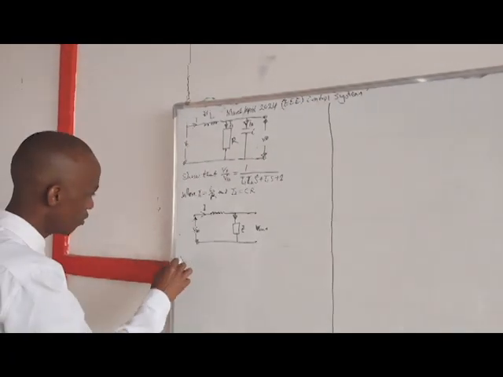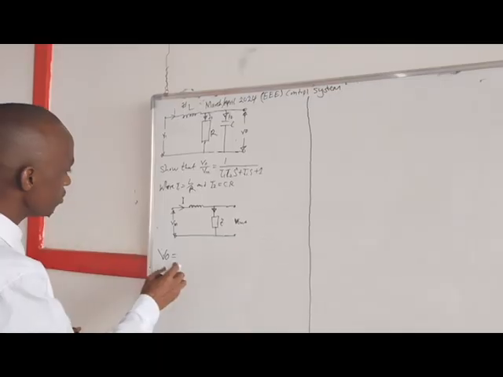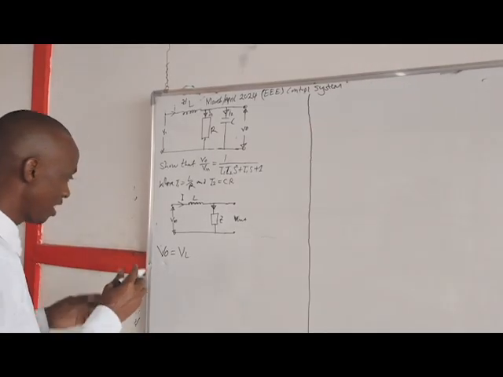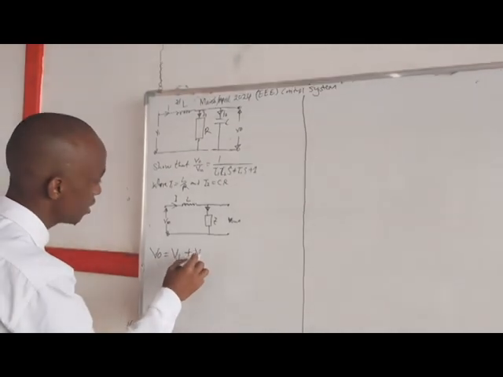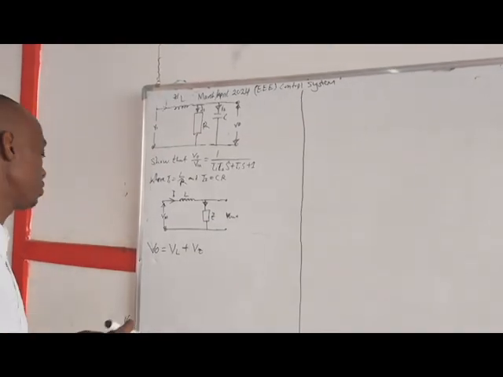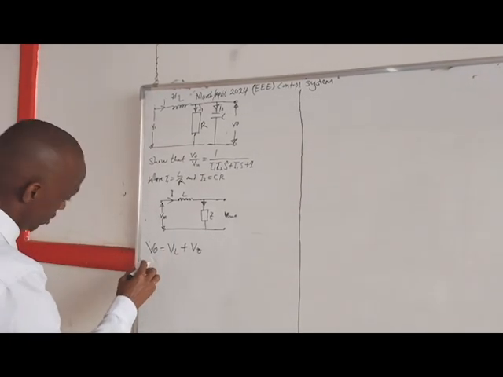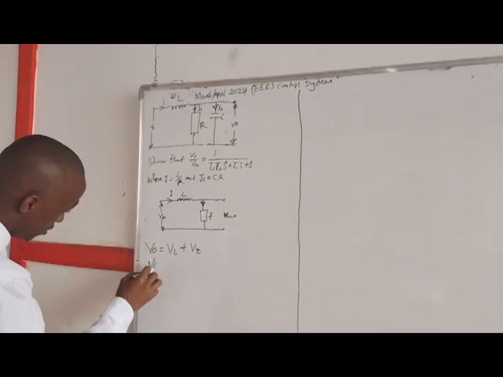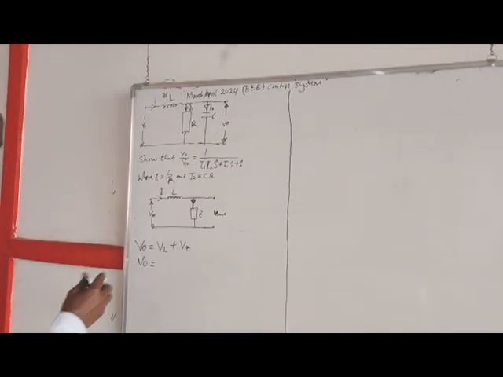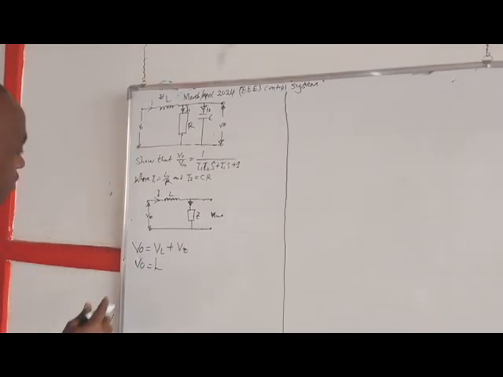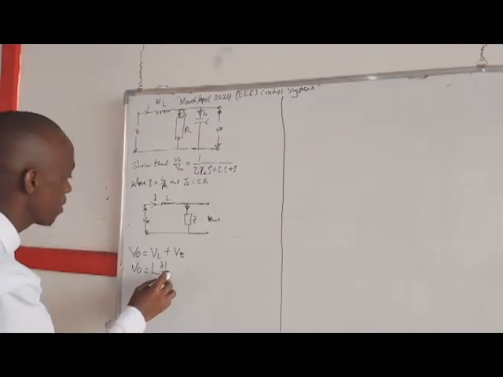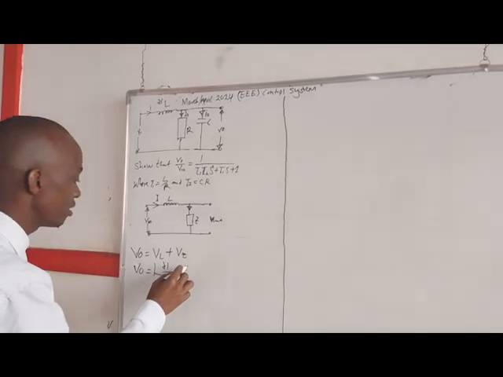Now, first to get VO, we have to combine VL, which is the voltage through L, plus VZ, which is the voltage through the parallel parameters R and C. VO is given by VL, the voltage through L, which is the inductance times the change in current divided by the change in time, plus VZ.